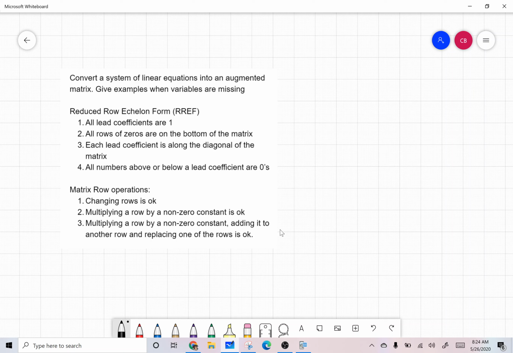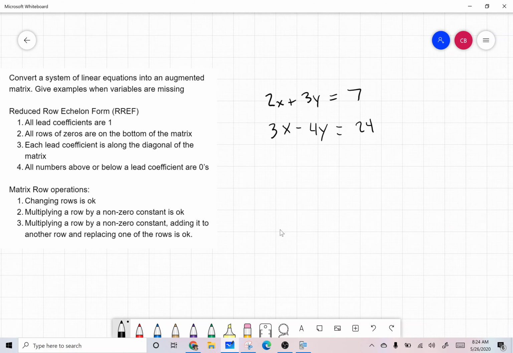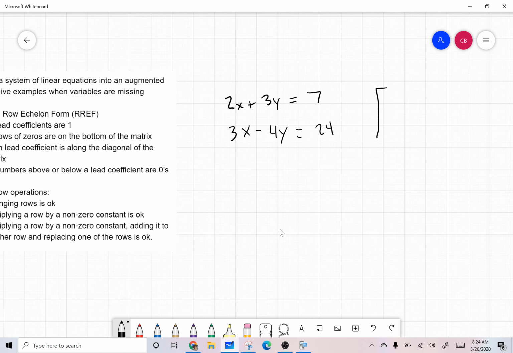So one thing you want to be able to do is convert a system of equations into a matrix. For instance, if I give you 2x plus 3y is equal to 7 and 3x minus 4y is 24, if you wanted to set this into a matrix, you take the coefficient from each entry, and so we have 2, 3, 7, and 3, negative 4, 24, and this would be your augmented matrix.